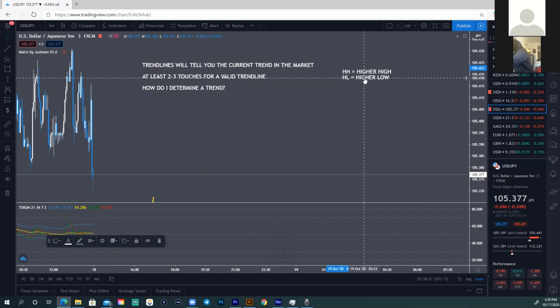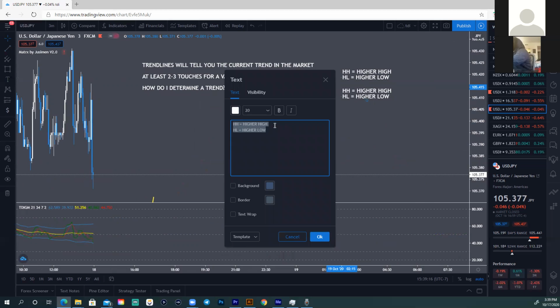Okay. The next one is LL and LH. LL equals lower low. LH equals lower high. Okay.